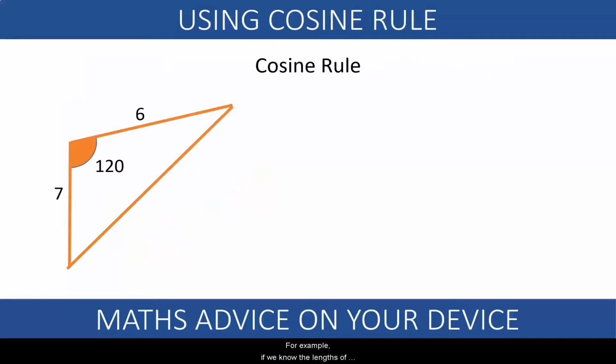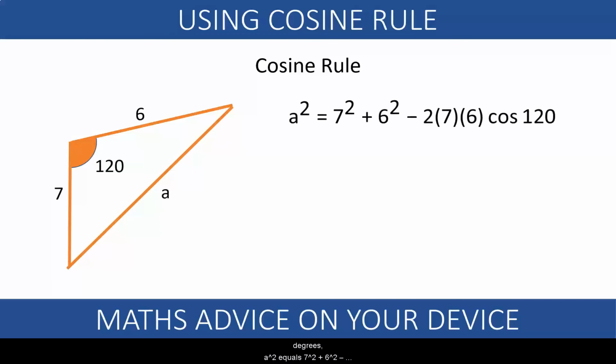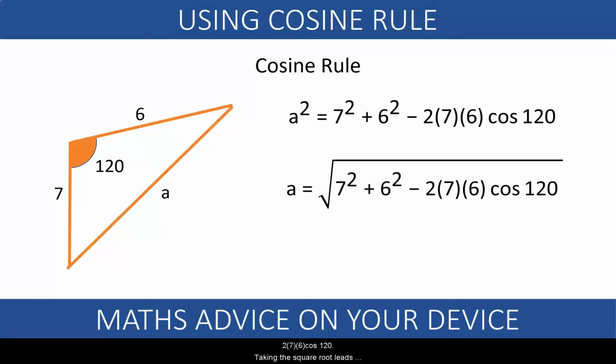For example, if we know the lengths of these two sides, 6 and 7, and the angle between them, 120 degrees, a squared equals 7 squared plus 6 squared minus 2 times 7 times 6 times cosine of 120. Taking the square root leads to 11.3 units, the length of A.